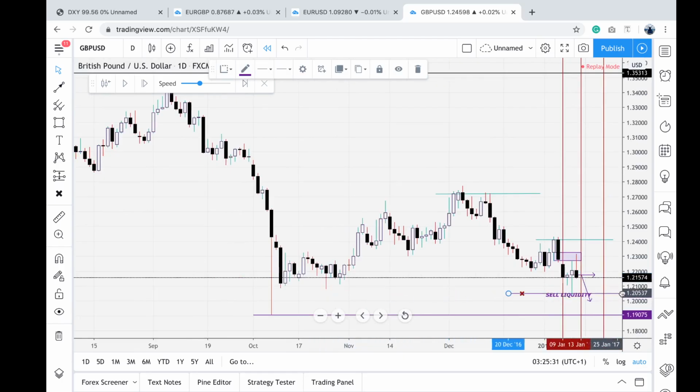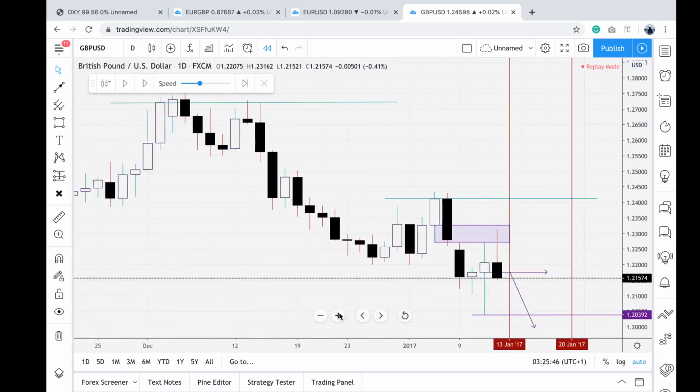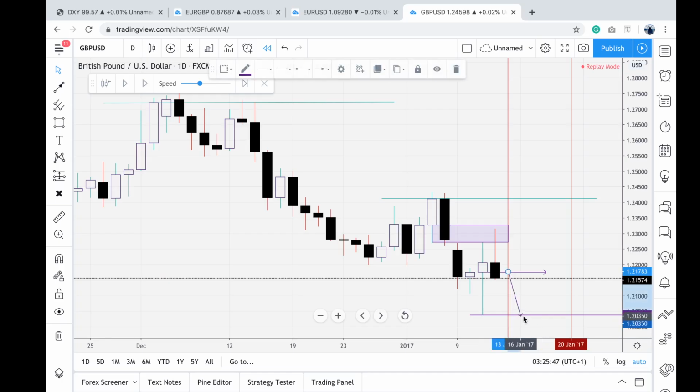Our next sell side target will be that level. Okay, this candlestick's low. The next sell side target. Can delete this off, and also delete this off.